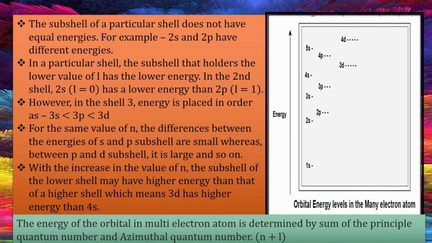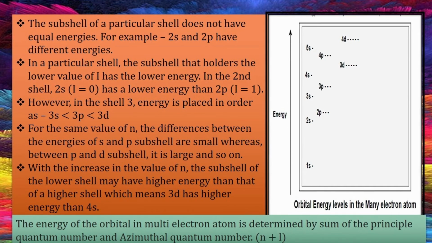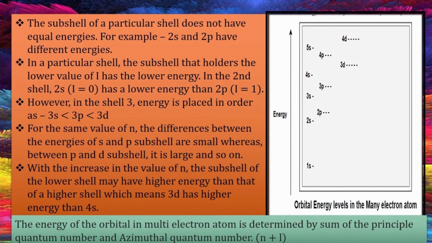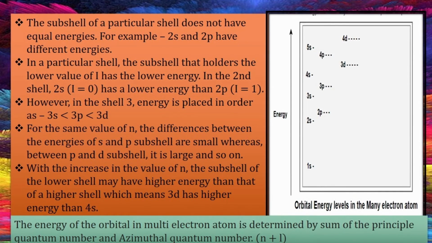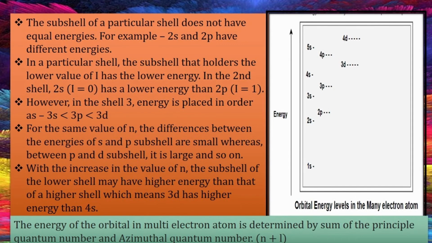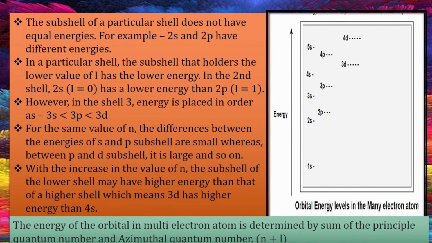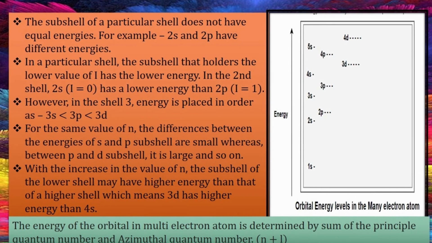If you consider the hydrogen atom, which is a single electron atom, it has only one electron and therefore no shielding effect. As a result, the different orbitals, that is s, p, d and f orbitals of the same energy level, will have the same energies.